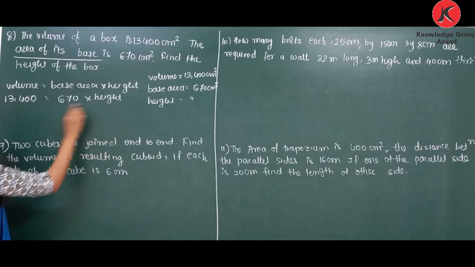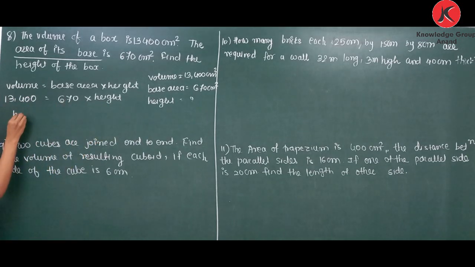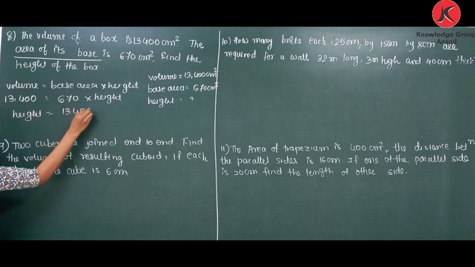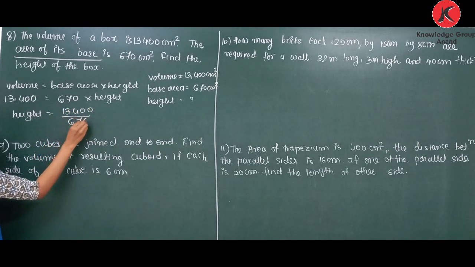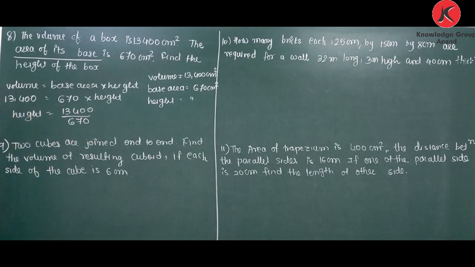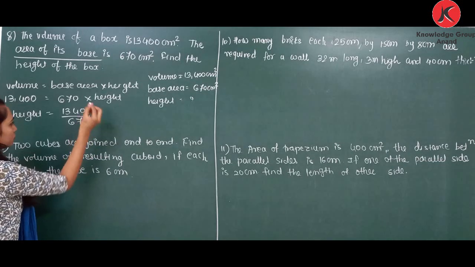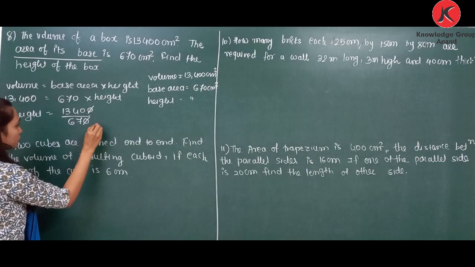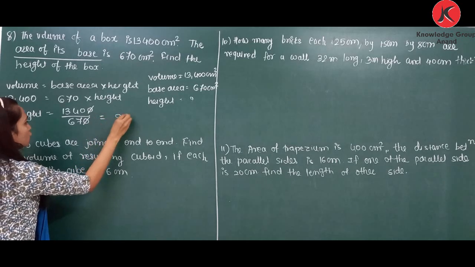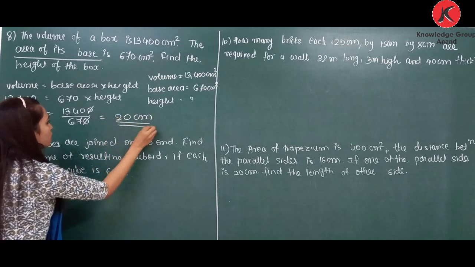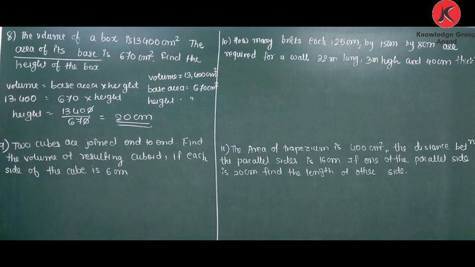So to find height, take 670 and divide 13,400 by 670. So you will get 20 centimeters. So height will be 20 centimeters. If you divide this 134 by 67, you will get 2, and then 0 gives 20.